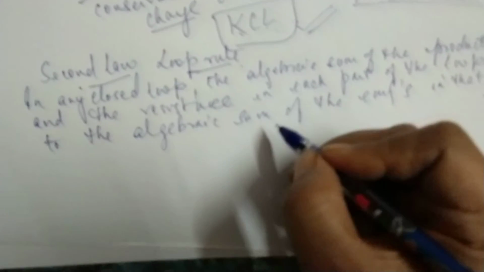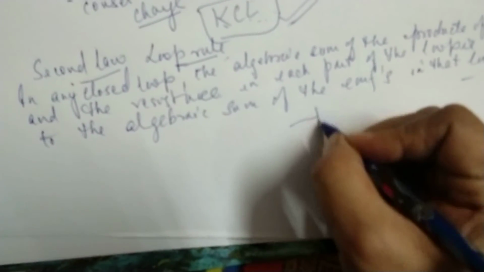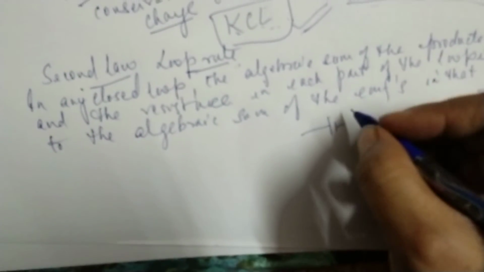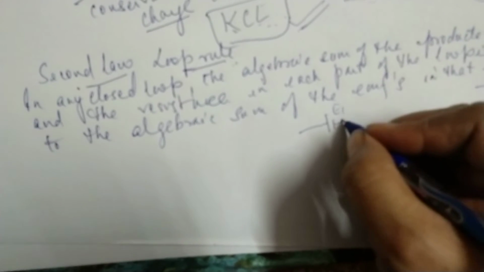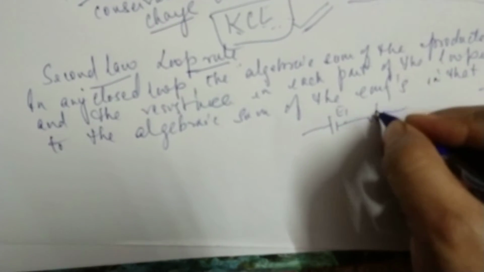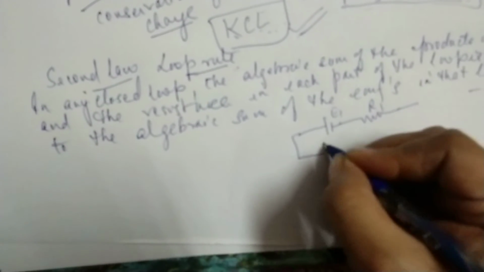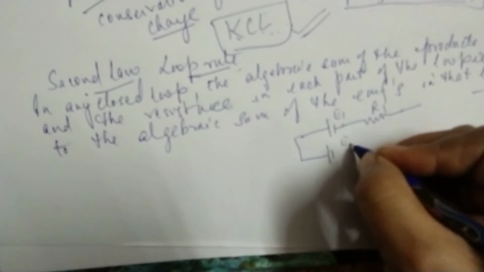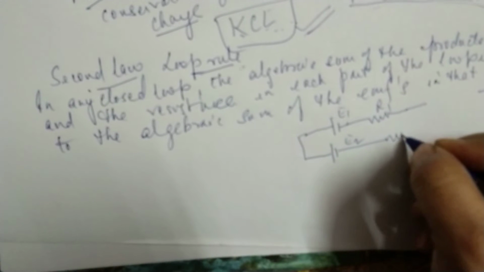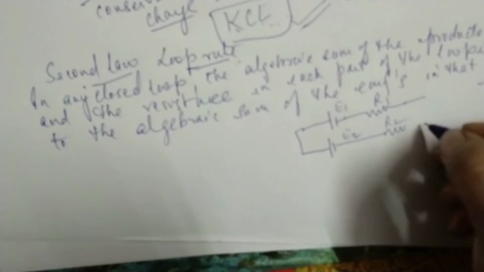Now in order to get it, let us have a circuit. Let's draw a circuit. Let us assume this is E1, this is resistance R1. We have taken another EMF E2, this is resistance, let us assume R2.